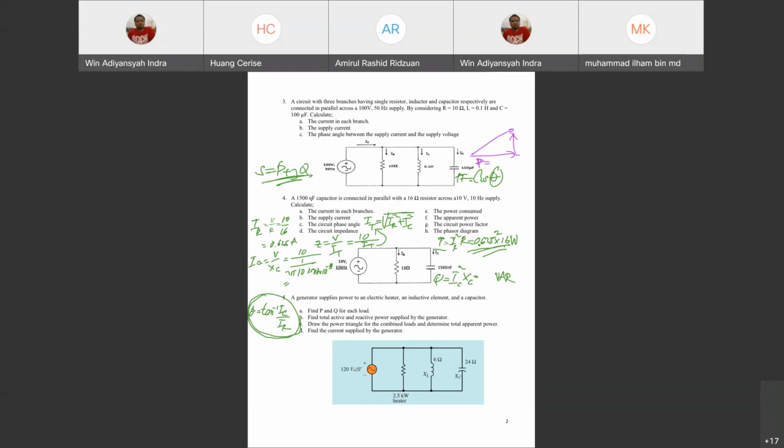How many watts? If you multiply this, you have 0.625 squared times 16, which is 6.25 watt. So this one is 6.25.